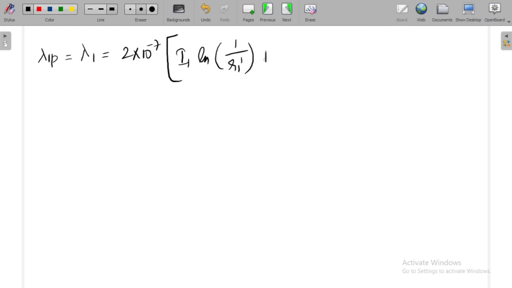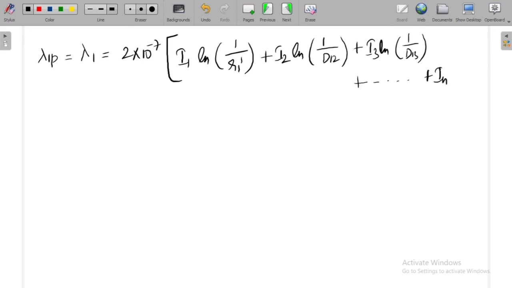If you understand how to write this equation, then only you can find the inductance for the remaining configurations, like 3-phase horizontal, 3-phase vertical, 3-phase double circuit, 3-phase bundle conductors, all these. So let me analyze this equation. It is very, very important to understand this equation, right?